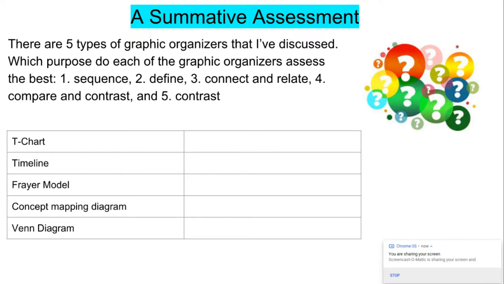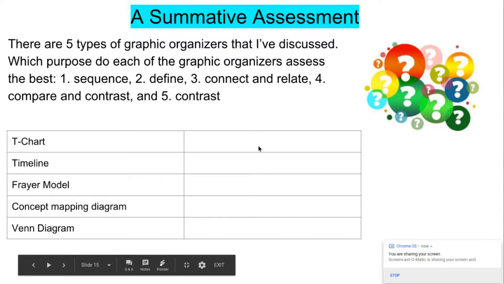Each of the graphic organizers assesses one thing well. Now, I am giving you all a table, and you will put each of these 5 purposes next to the one that you think it best describes.